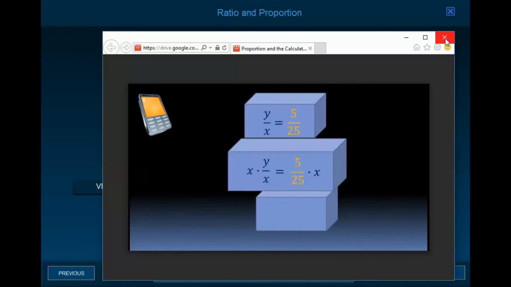Going further with our calculation, x times y over x will calculate to be y, is equal to 5 over 25 times x.